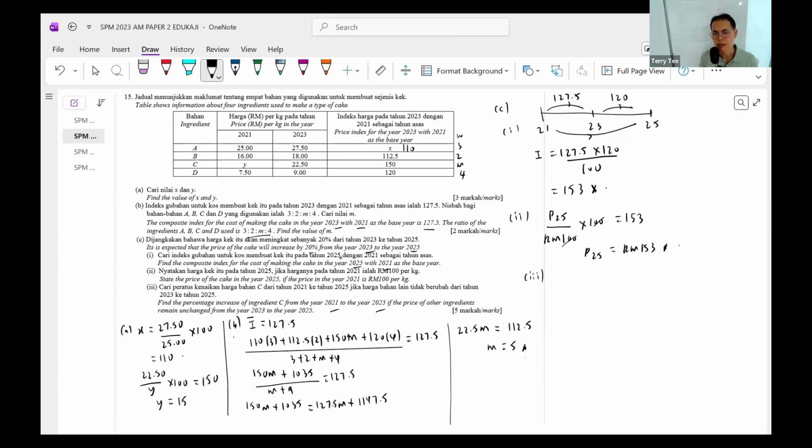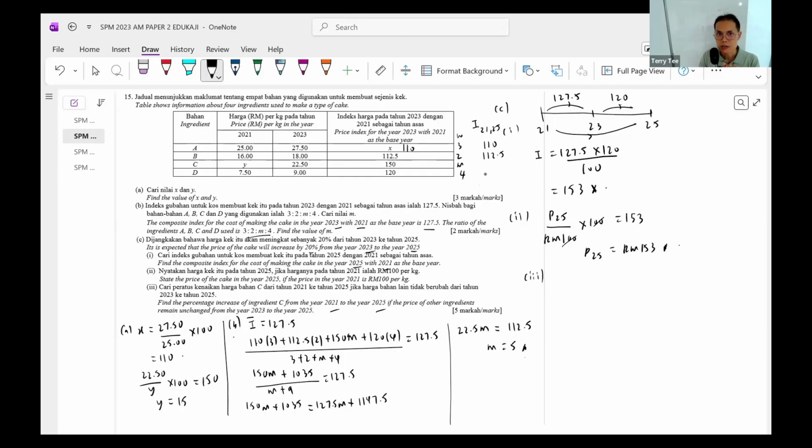Now we need to recalculate, because the other ingredients are unchanged. This is your price index from 21 to 25. Normally we just multiply the indices, divided by 100. Like A unchanged: 110 times 100 divided by 100, 110. B is 112.5, no change.